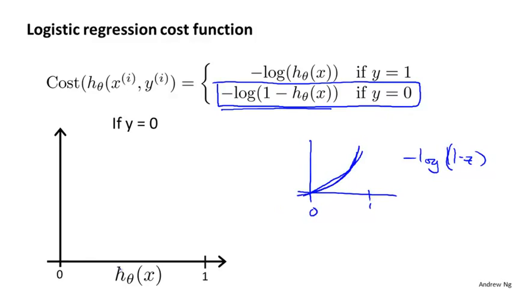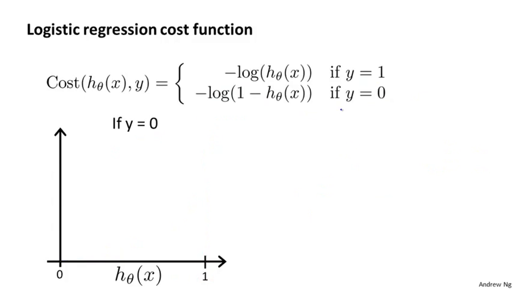And so if you plot the cost function for the case of y equals 0, you find that it looks like this. And what this curve does is it blows up and goes to plus infinity as h of x goes to 1, because it's saying that if y turns out to be equal to 0, but we predicted that y is equal to 1 with almost certainty, with probability 1, then we end up paying a very large cost.